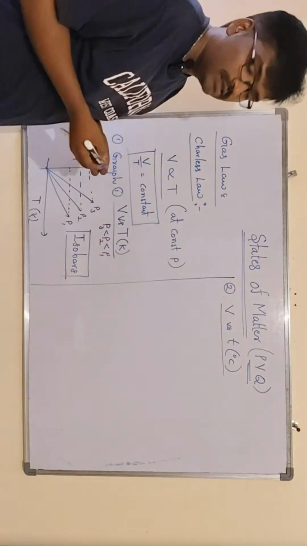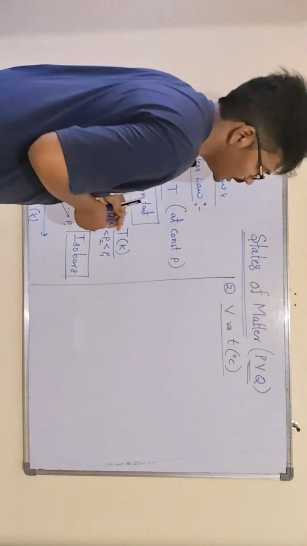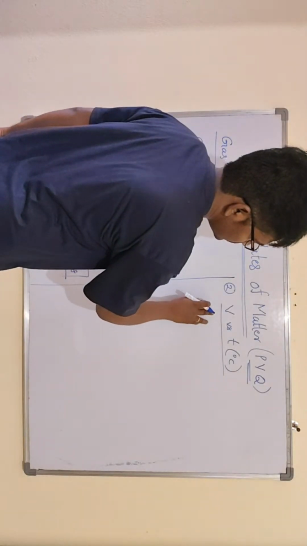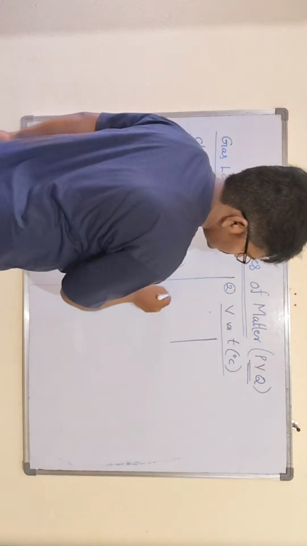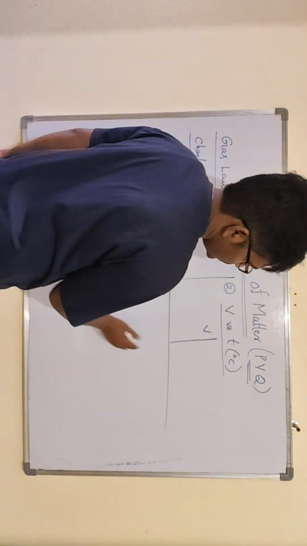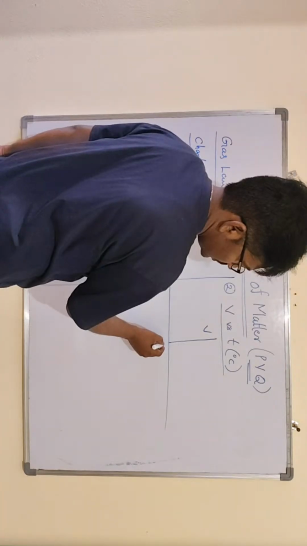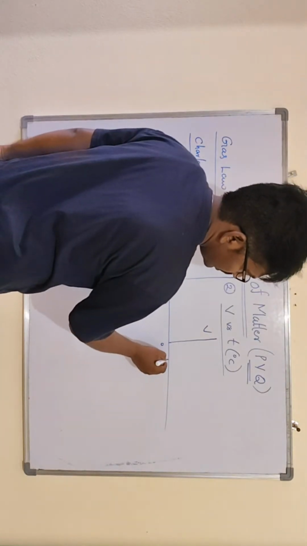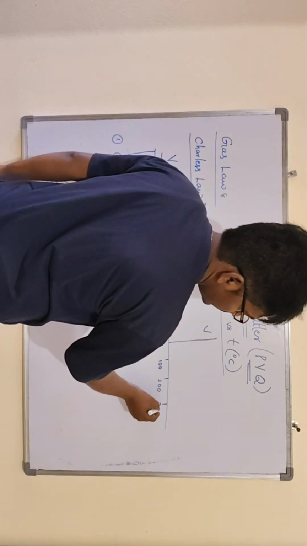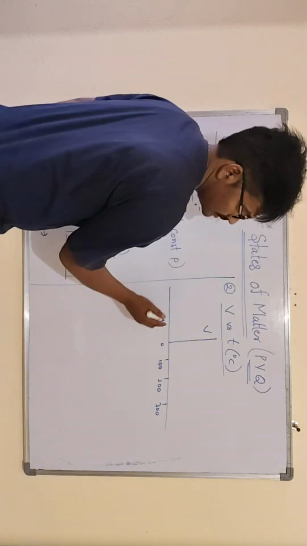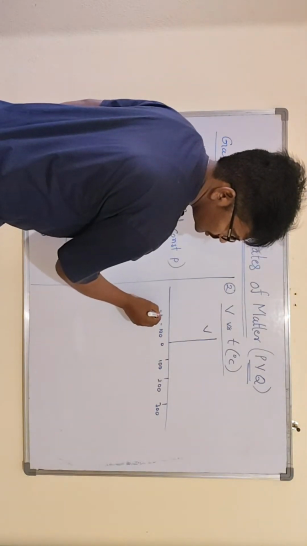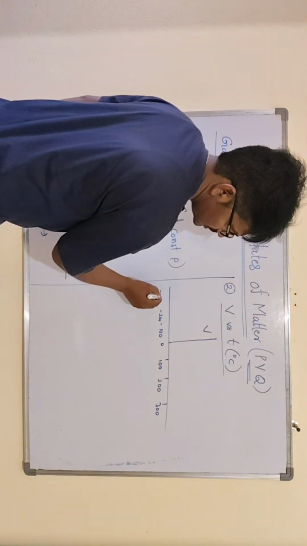Here is the degree Celsius temperature. If you take a graph of volume versus temperature, then here 0 degrees Celsius, then 100 degrees Celsius, then 200, then 300. On this side, minus 100, then minus 200, then minus 300.